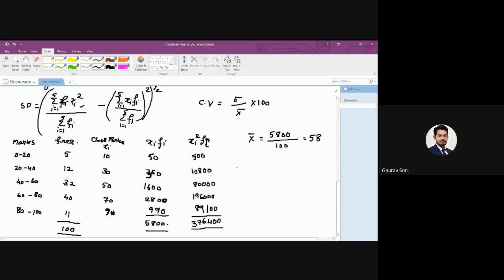Now standard deviation is equal to under root summation xi square fi, which is 3,76,400, divided by summation fi, which is 100, minus 58 square.